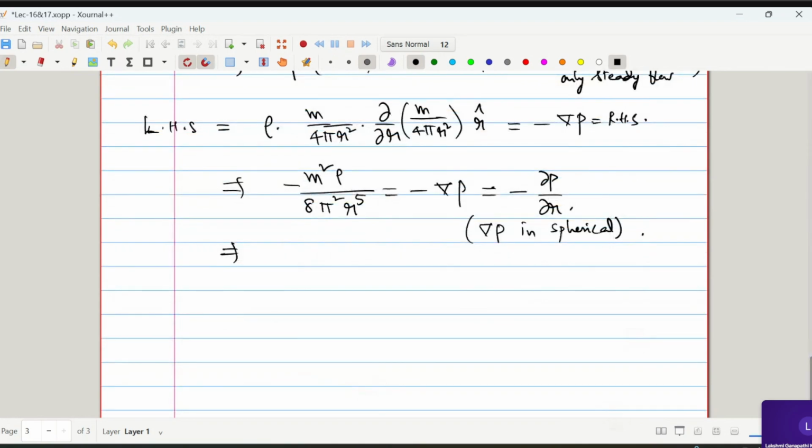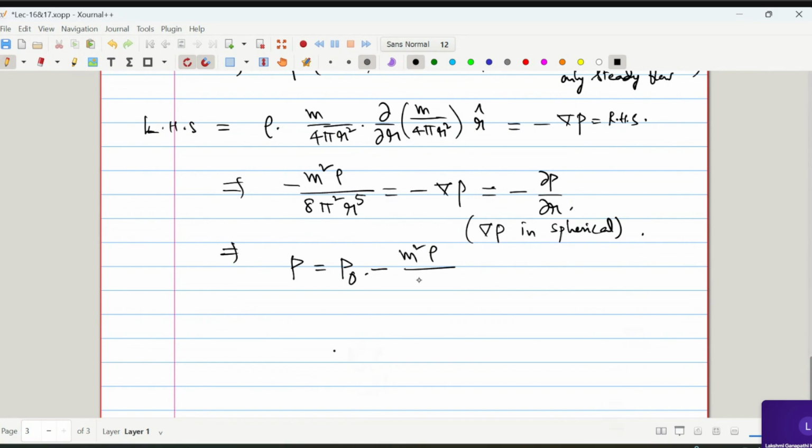So this will give me, minus goes to both sides. Now if you integrate, P will be equal to some constant. If you integrate from some fixed point to some R, that's what the integration constant is. And you are integrating 1 by R power 5, right? So you'll get a negative sign, minus m square rho, that's constant, 8, so 1 by R power 5.